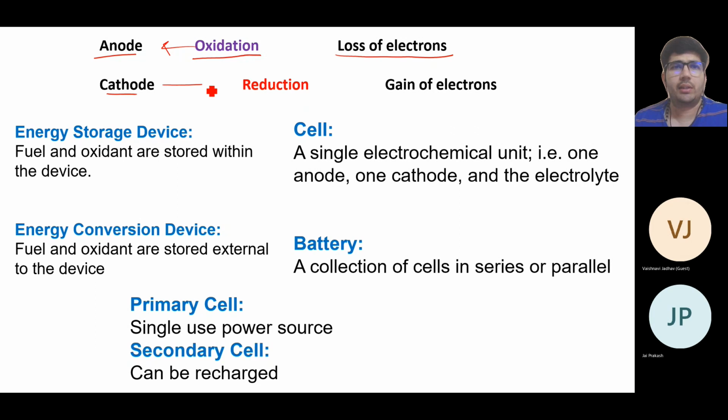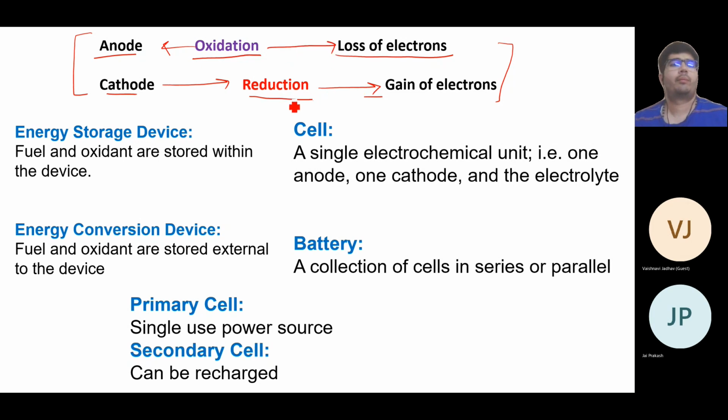Cathode is reduction, where there is a gain of electrons. So when an element gains electrons, that will be reduction. Okay, so try to remember these points. These are very important and very basic for electrochemical studies. So oxidation is the loss of electrons, and reduction is the gain of electrons.